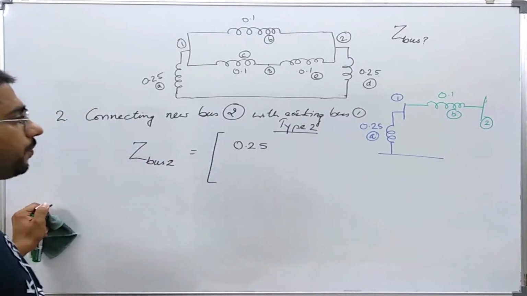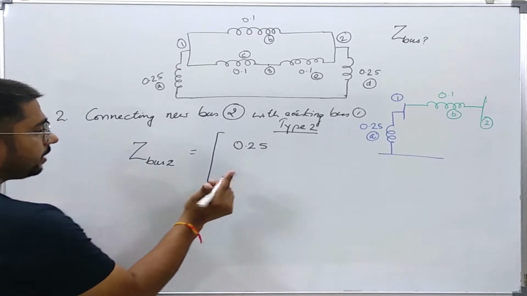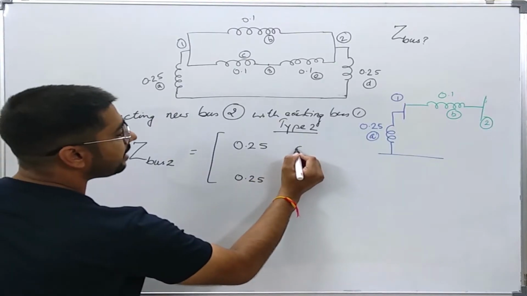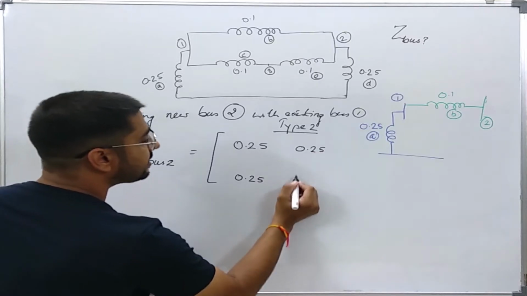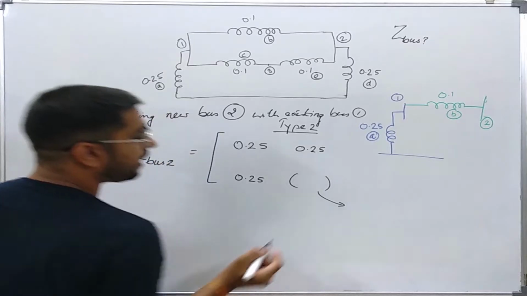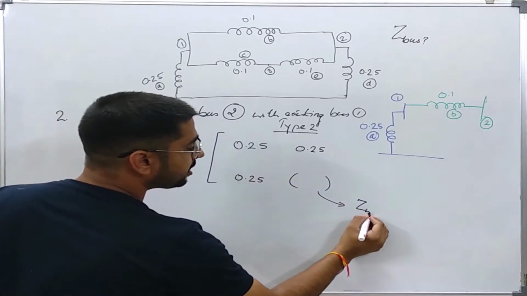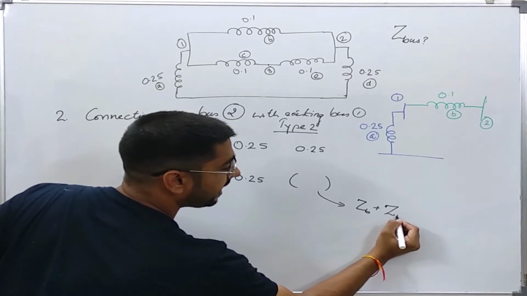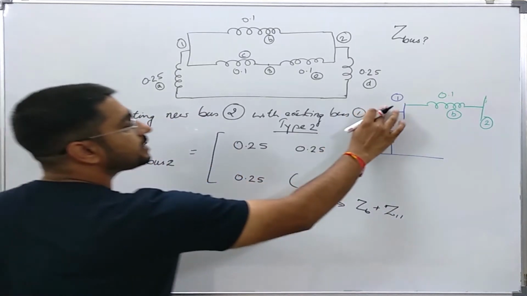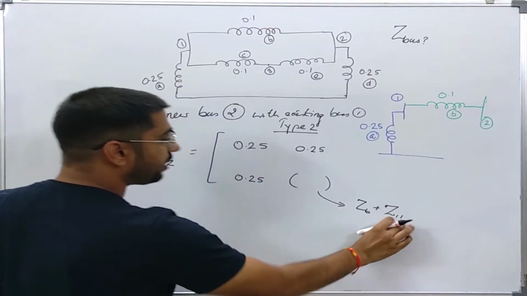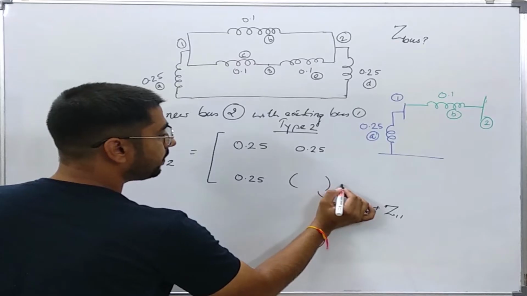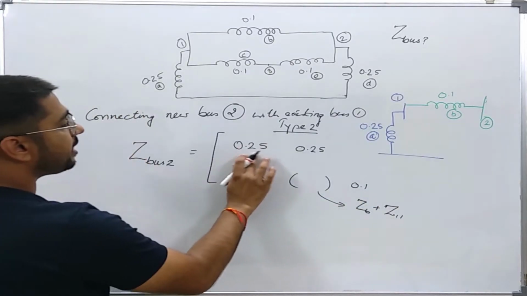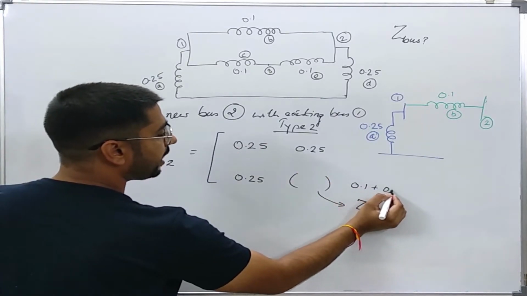This element will come here, the same element, and this element will also come here, and this new element will be nothing but Z branch plus the Thevenin impedance seen from the already existing bus, that is Z11. Z branch is 0.1, and Z11 is just 0.25.